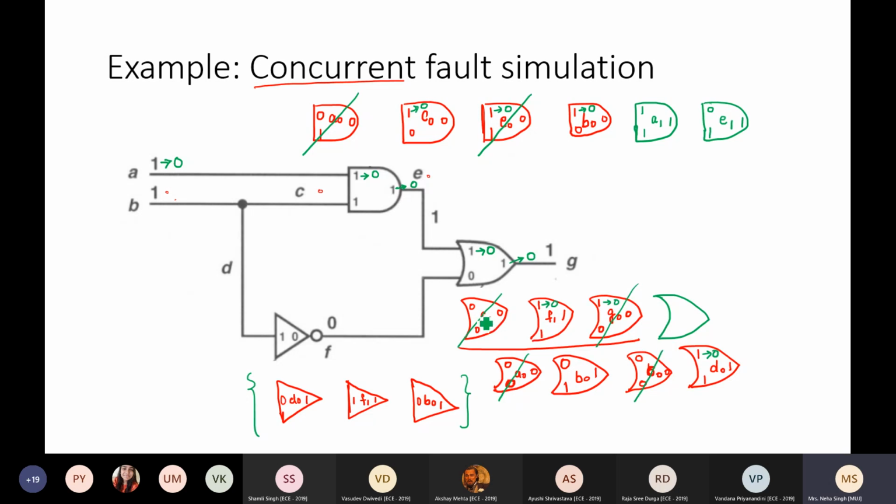stuck at faults. If E stuck at 0 is no more a fault, it means E stuck at 1 will be a fault, because here the value of E is now 0. If E is stuck at 1, the inputs to the OR gate become 1 0 and the output will be 1. What is the other gate that will be added?